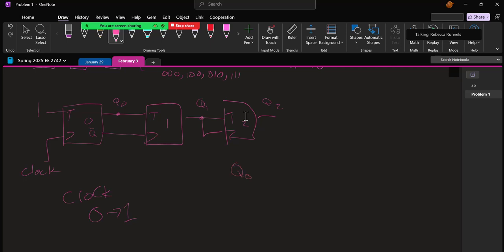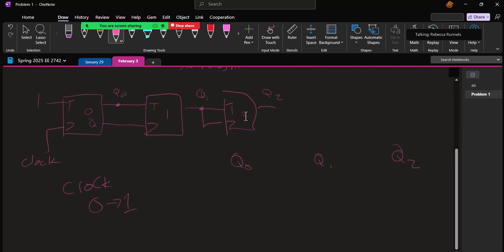I've got Q0, Q1, and Q2, and let's just say they all start at 0. What can we already say Q0 is going to do? It's going to go 1, 0, 1, because it's always set to 1. Okay, so Q0 is good.